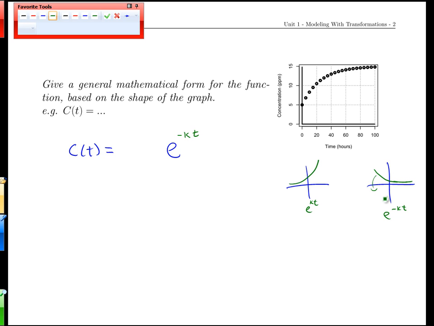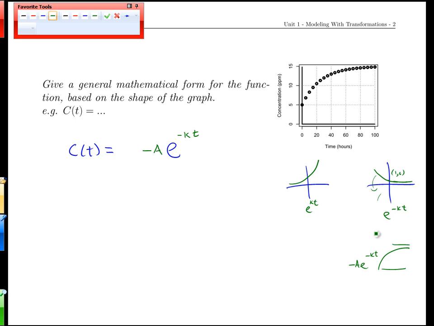But then we'd like to have it flipped upside down. Well, if that's the case, we're going to have negative something, e to the negative kt, and we're probably going to want it scaled as well. We don't want this gap here to always be 1. So we're going to need some kind of constant out front. Let's put that in here.